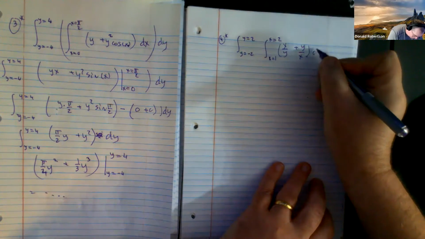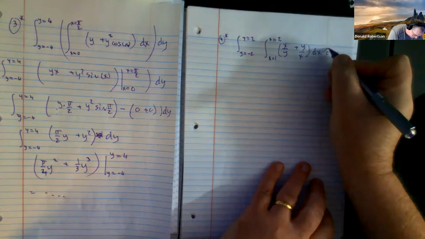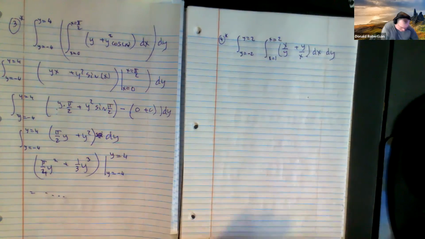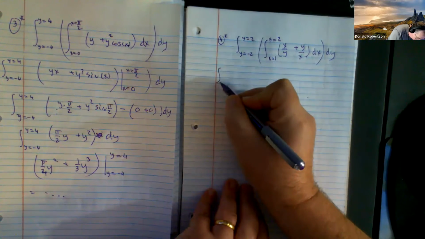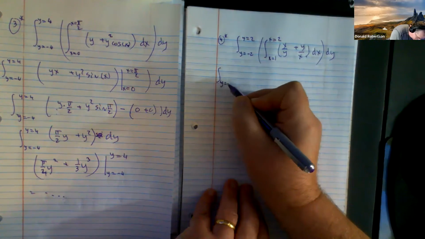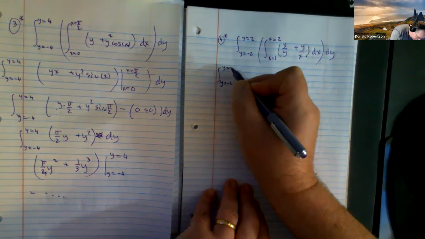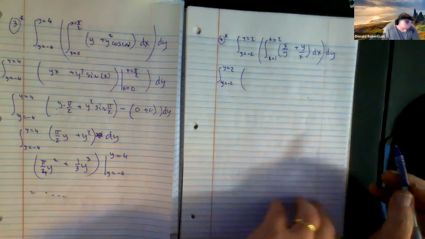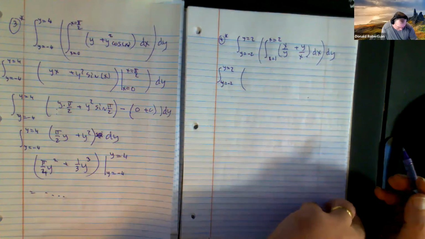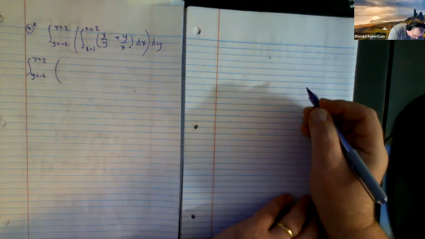And I'm going to do a dx and a dy. And I'm going to be really careful here because there is a mistake that is very easy to make. Integrating y over x and x over y with respect to x are not as straightforward as you think.